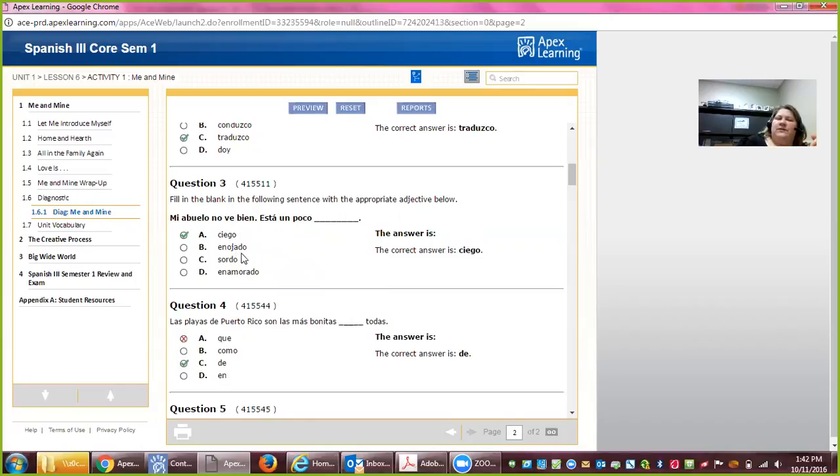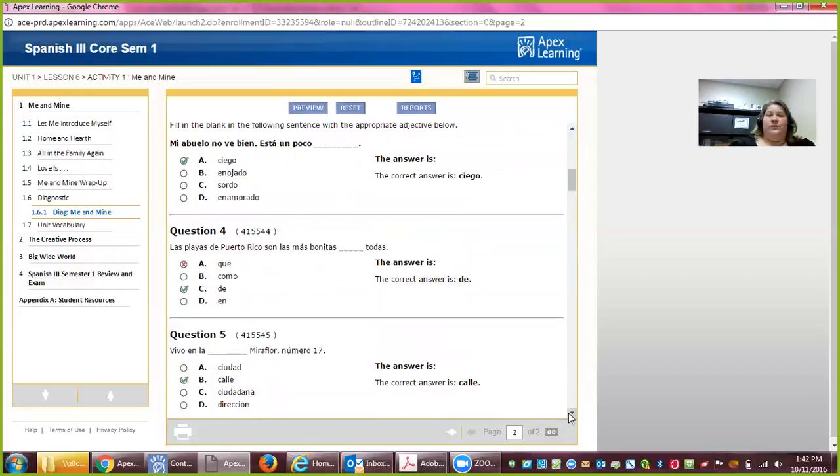And I know that enojado means angry. Like I said, it's been a while since I've taught Spanish. I don't remember what sordo means. And enamorado means in love. Well, that doesn't really match with C. So I'm going to problem solve and say, well, let's go with ciego. And that was the correct answer.